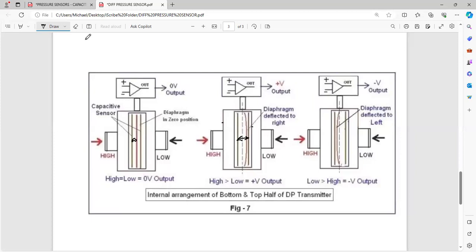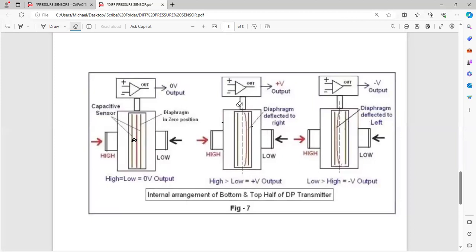And here you can see that the capacitance between both these, this was the distance earlier. Now the distance has decreased, in which case the capacitance on your right hand side would have increased.